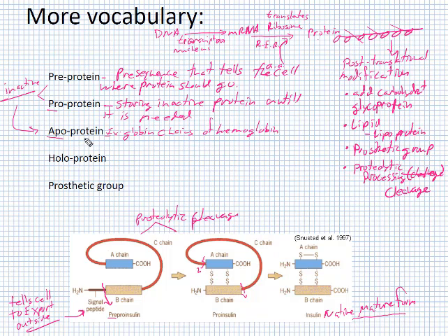Essentially, an apoprotein, not all proteins are going to work right away all by themselves. Sometimes they need, if you wish, helper molecules or something. That helper molecule is a prosthetic group. So a prosthetic group is a non-protein molecule that's required for function.